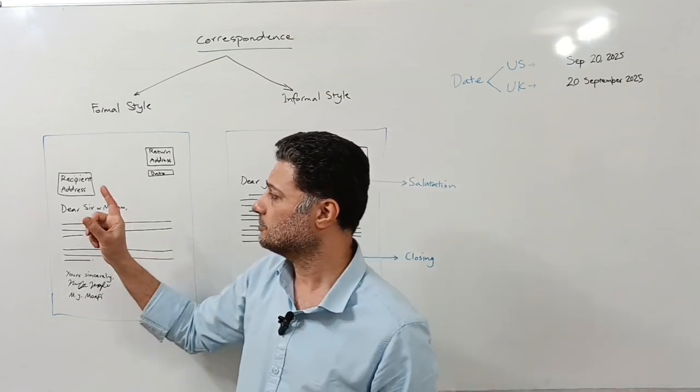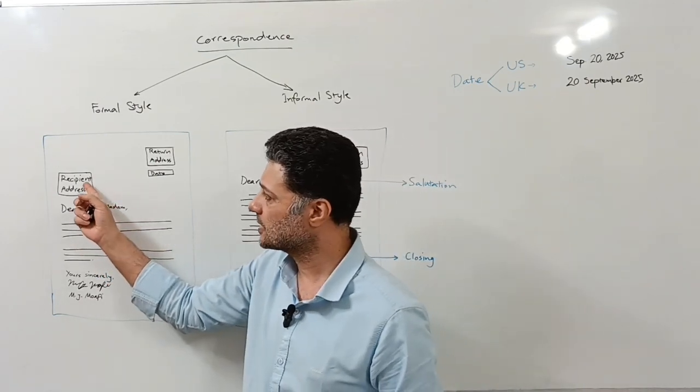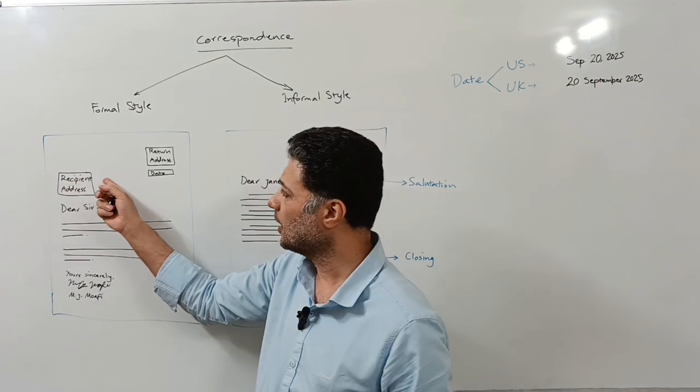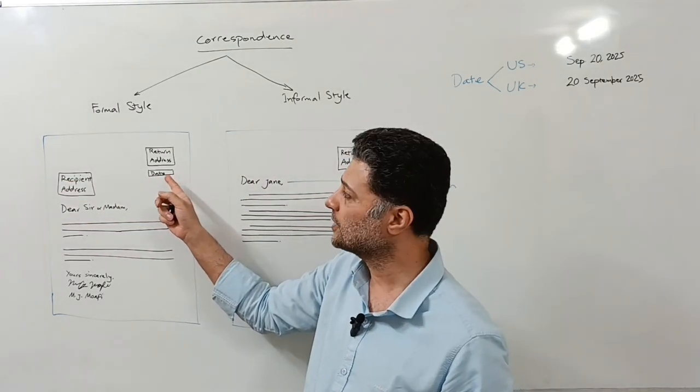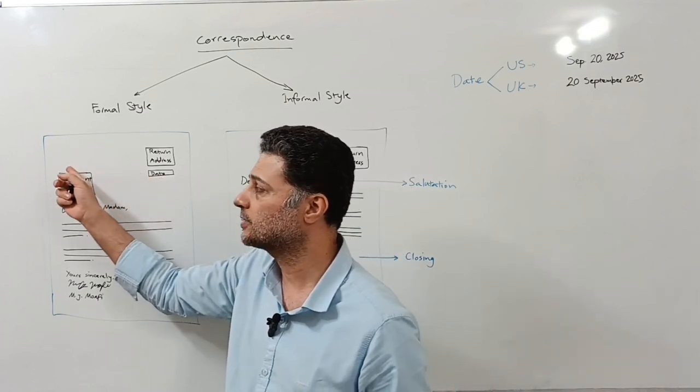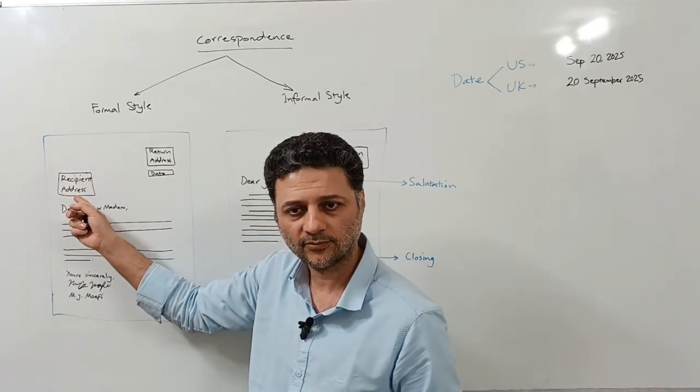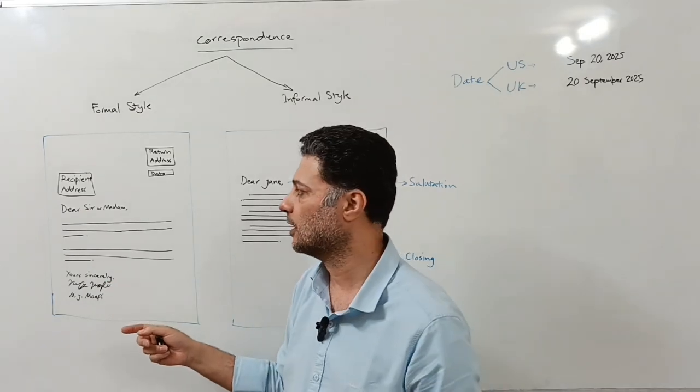And not to forget that the recipient address also starts on the line where you put the date. Of course, this is also possible to put the date right above the recipient address. This is another option you have.